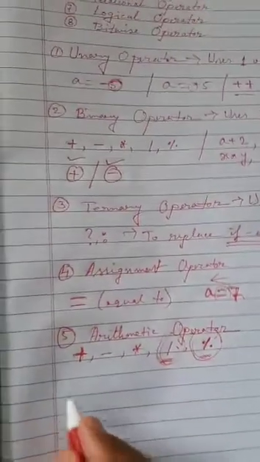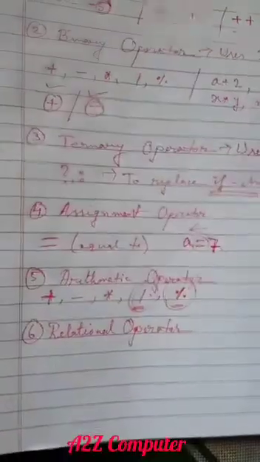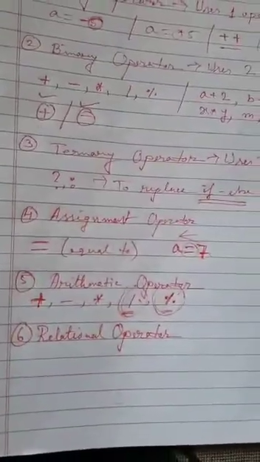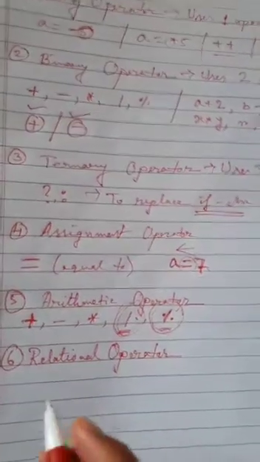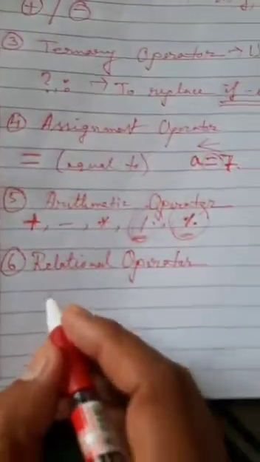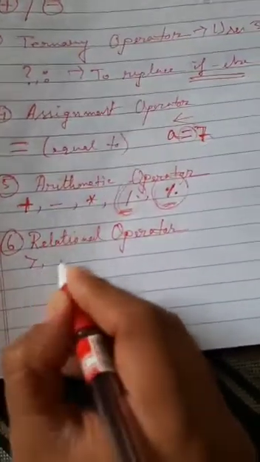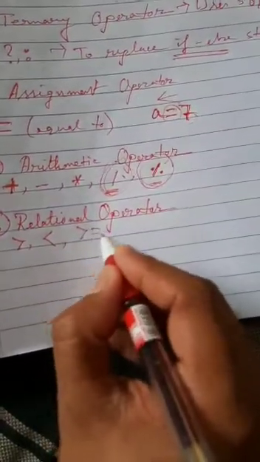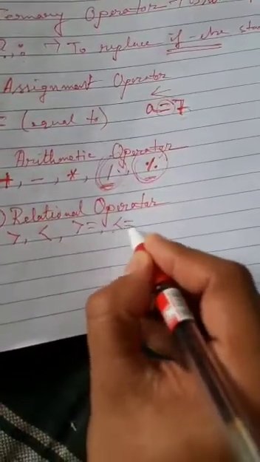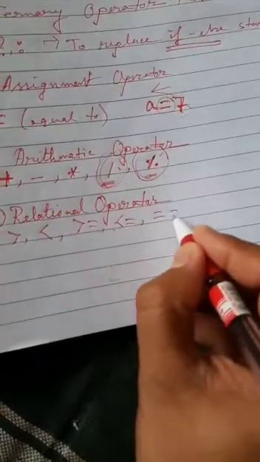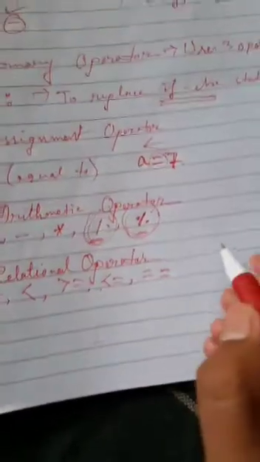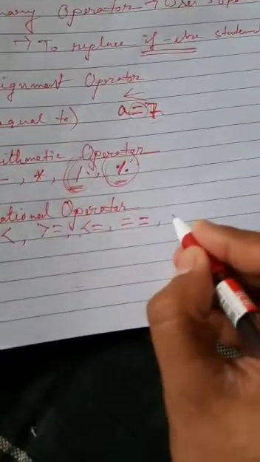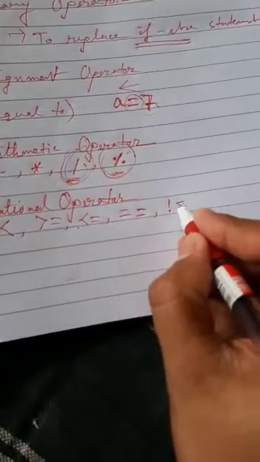Now the next is number 6, very simple, relational operators. What are the relational operators? Relational operators are greater than, less than, greater than or equal to, less than or equal to, double equal to, very important, and not equal to.